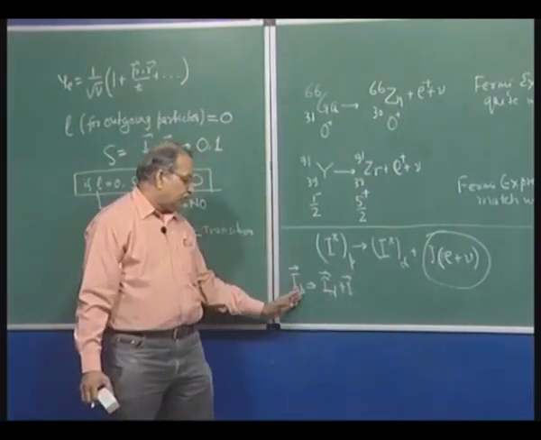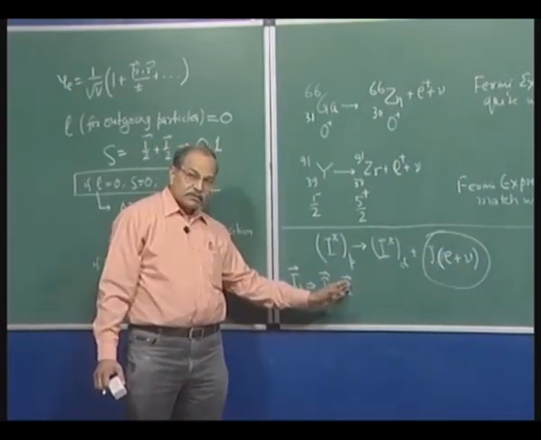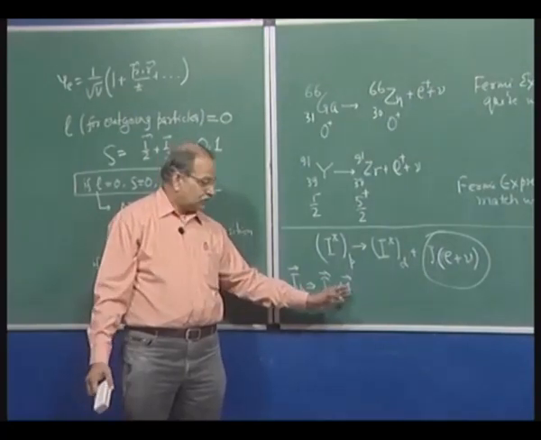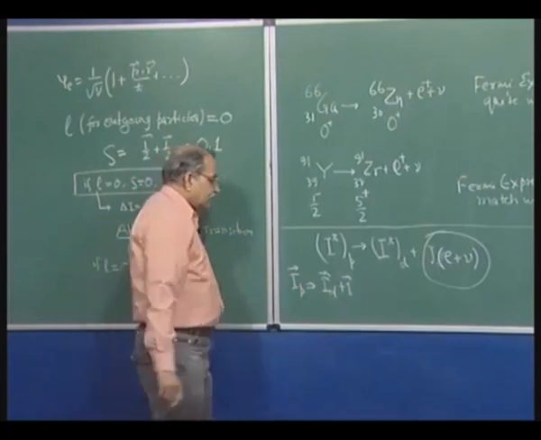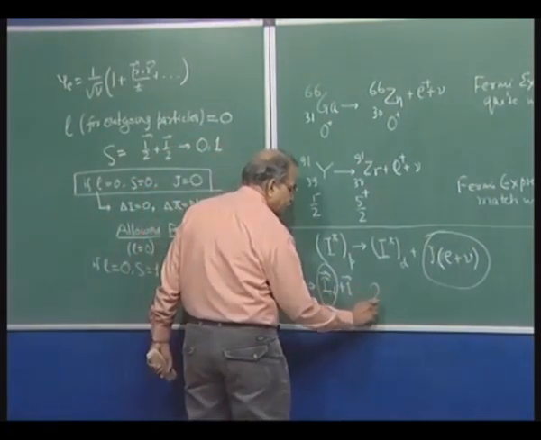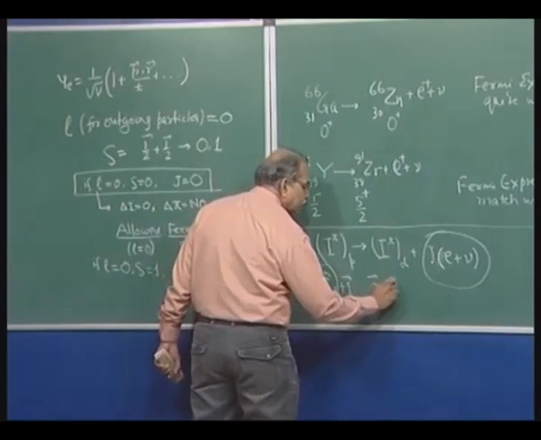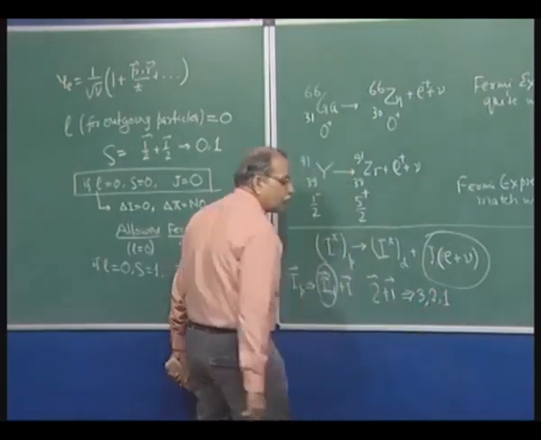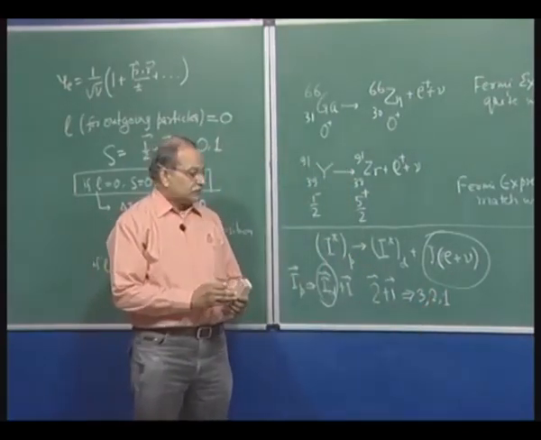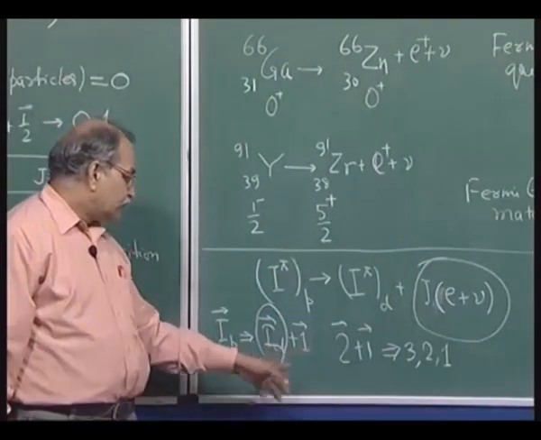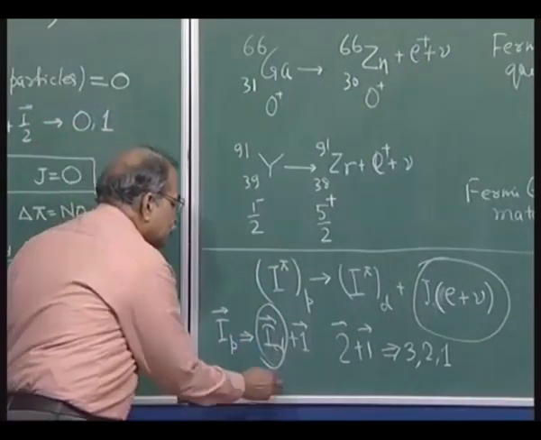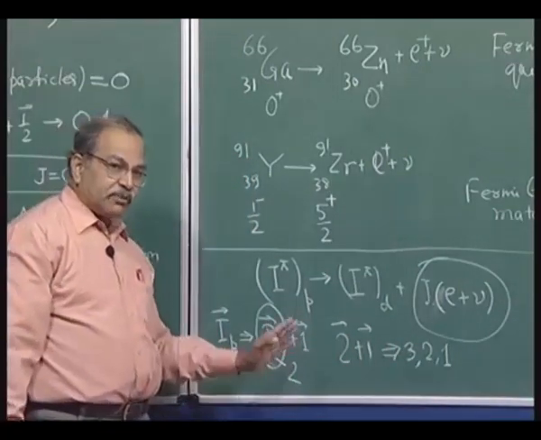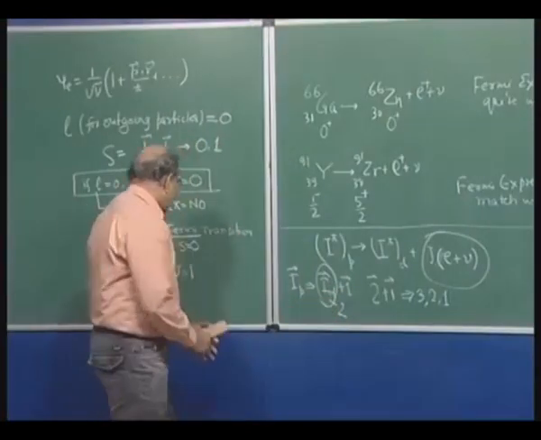So, the value of I p can be I d plus 1, I d plus 0, or I d minus 1. All these three possibilities are there. For example, if I d is 2, then 2 and 1 can give you 3, 2, or 1. So, I p and I d can differ by 1 unit or by 0 units.